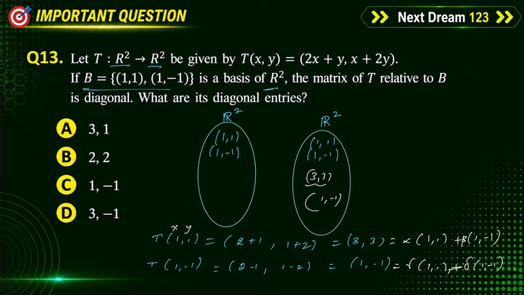You can give any symbols, no problem. Here I am using alpha and beta. If you want, you can take v1, v2, v3, v4 like that also. Then simplify this. We have to find alpha and beta. That is our main intention here. Let's find alpha and beta.